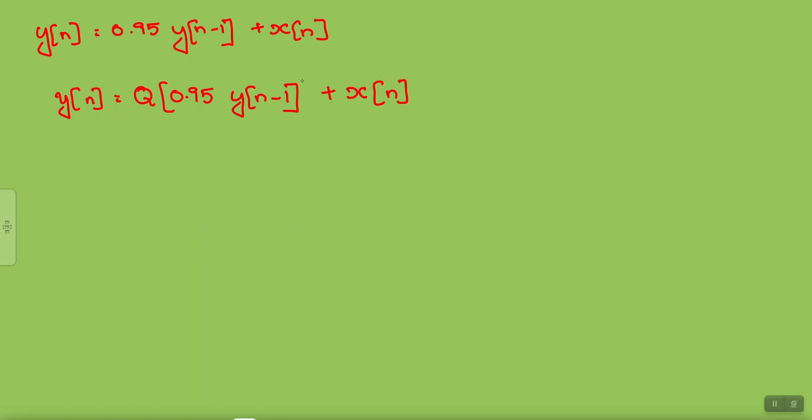This is a recursive system. So consider the input x of n is equal to 0.75 for n is equal to 0 and 0 for n not equal to 0.